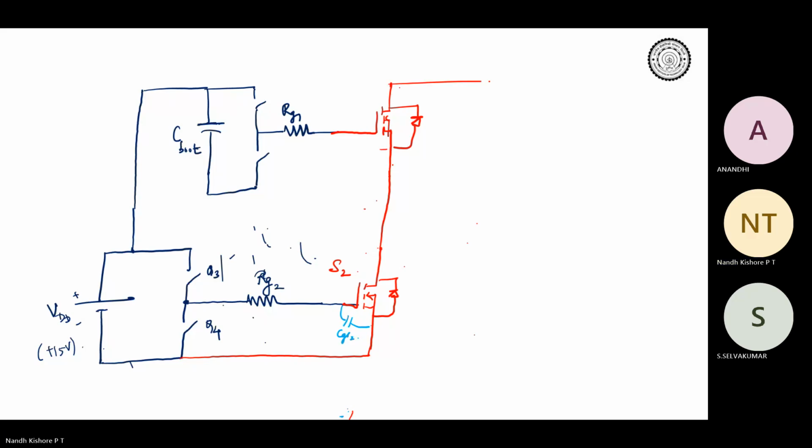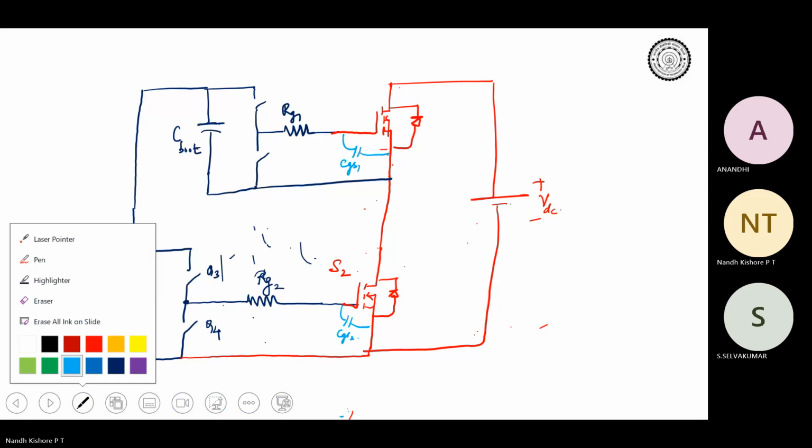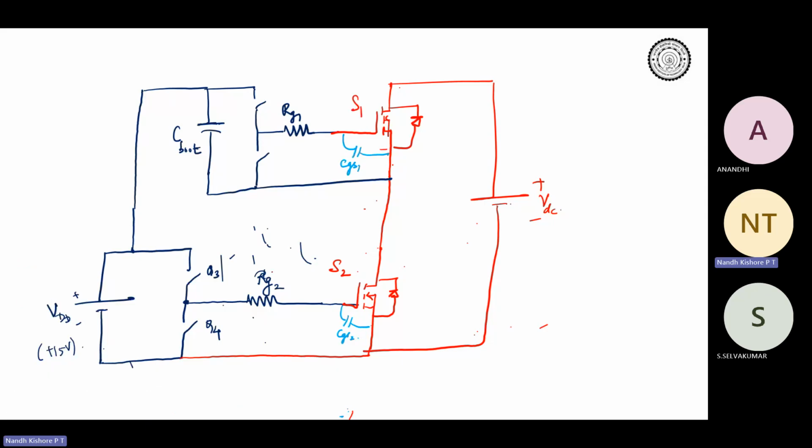I will have something like this, CGS1, and this is obviously your S1.